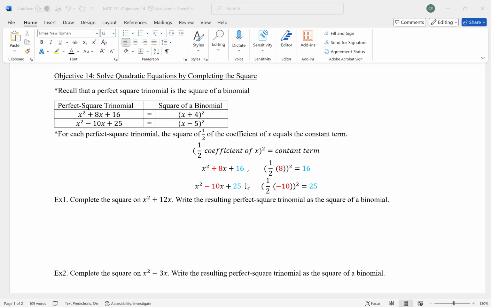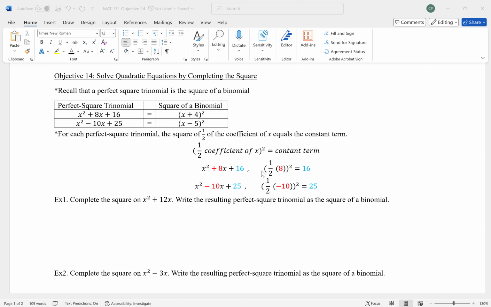If we look at the second one, the number in red, that negative 10, that is the coefficient of x. If we do 1/2 times negative 10, which will be negative 5, and then we square that, we will get 25, okay? So keep this in mind. This is what we will be using to complete the square, okay?